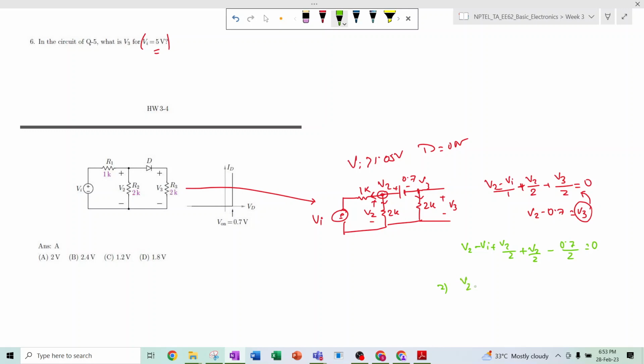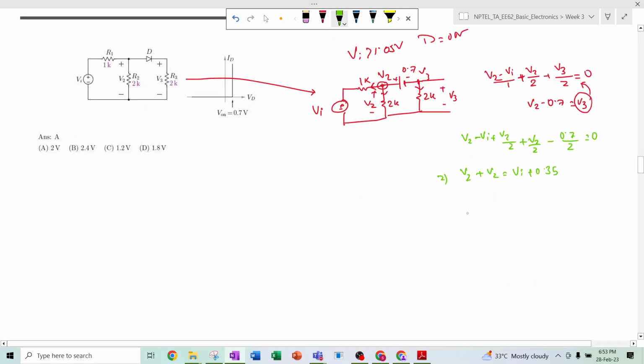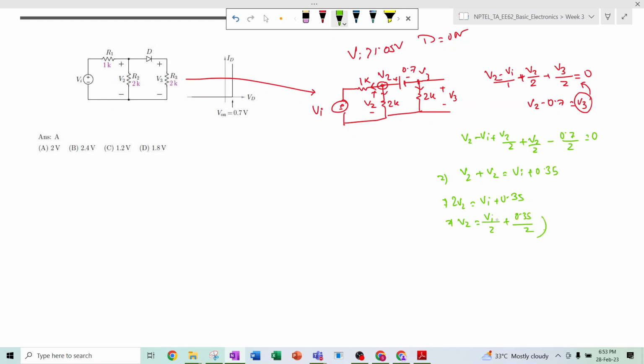So V2 plus this V2 by 2 and V2 by 2 turns into V2, and this Vi goes to the opposite side, and 0.35. Okay, so 2V2 equals Vi plus 0.35, and V2 is Vi by 2 plus 0.35 by 2, right?